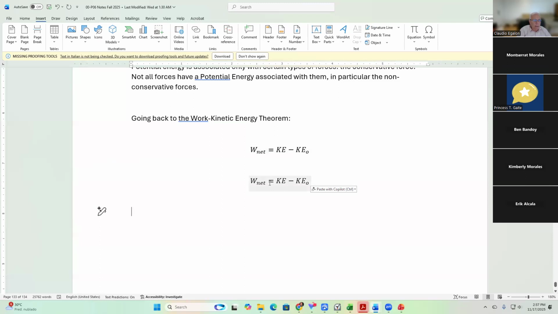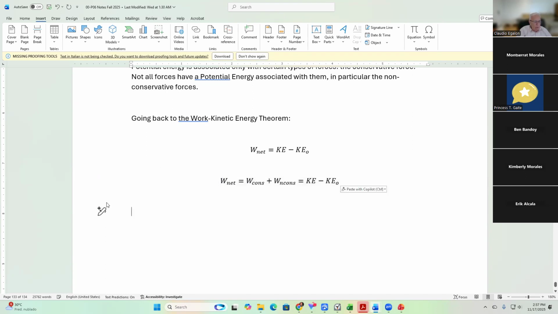But the work of the net force is also equal to the work of the conservative forces plus the work of the non-conservative forces. Net force, right? Work done by the conservative force plus the work done by the non-conservative forces.